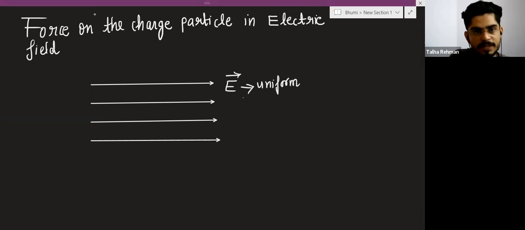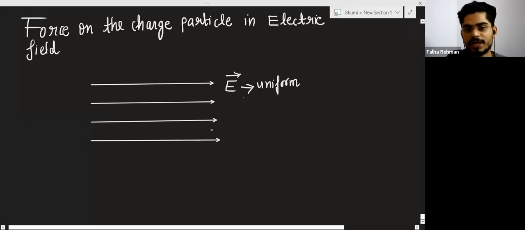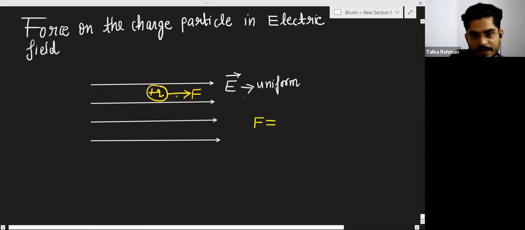And if you are placing a charge, it can be of two types, positive or negative. If you are placing a positive charge, suppose a plus Q charge, in this field, then due to this electric field, an electric force will be applied on this positive charge in the direction of the electric field, and this force F is given by the magnitude of the charge Q into electric field.